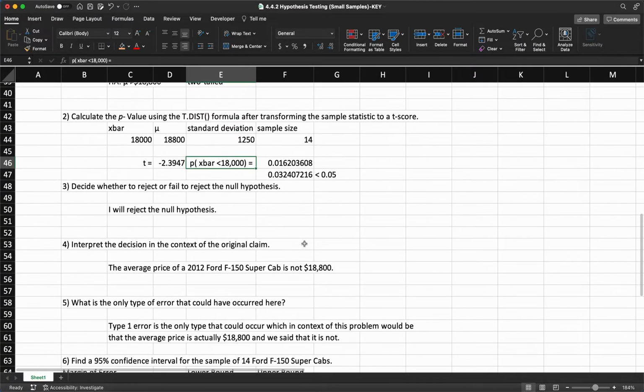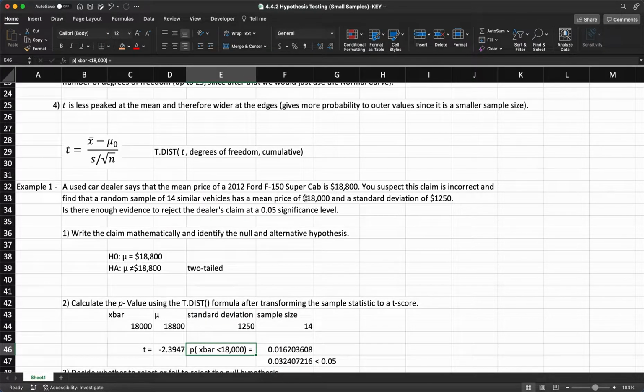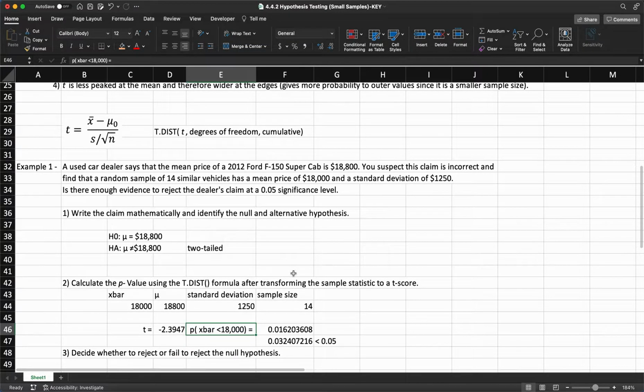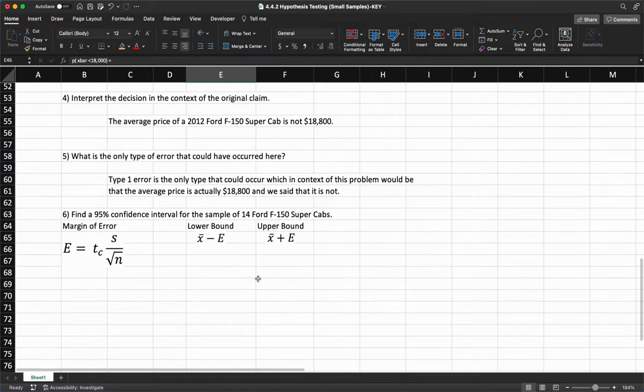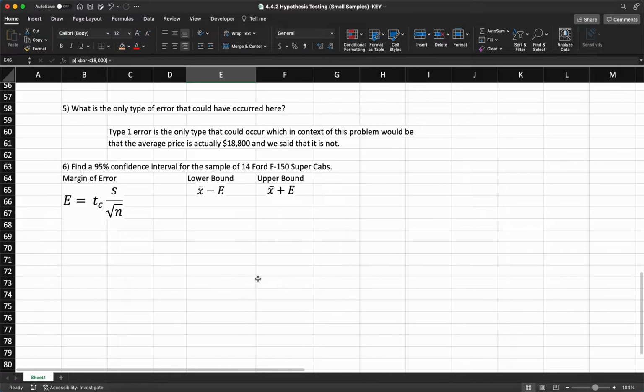And so the mean that we got was 18,000 and a standard deviation of 1250. Previously, if this were a large sample size, greater than 30, we would just use our norm.inverse function and use the confidence probability to find the lower bound and the upper bound because we know we're splitting the 5%.